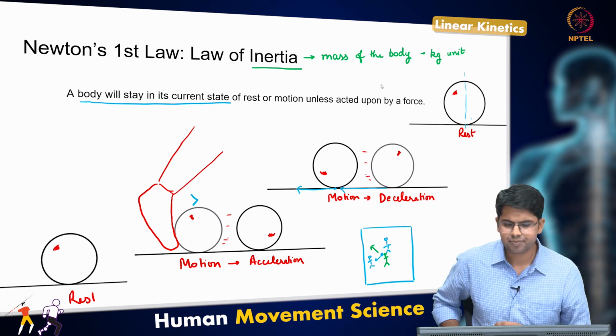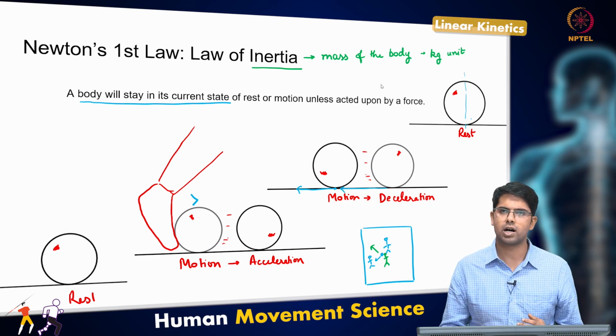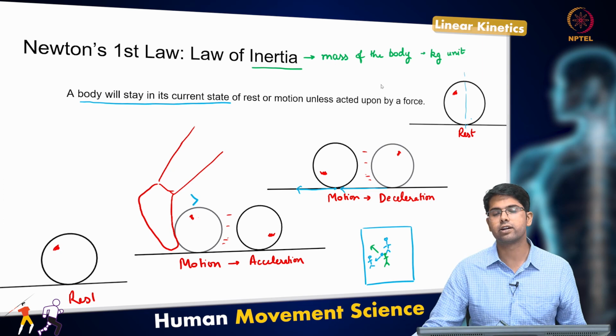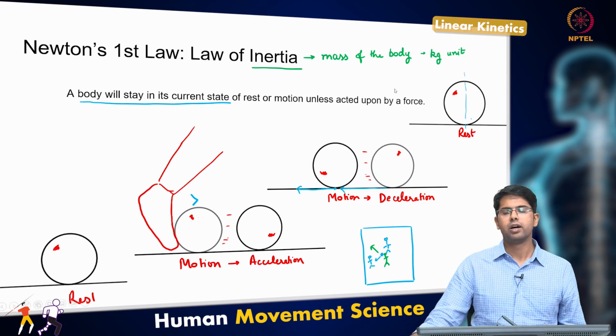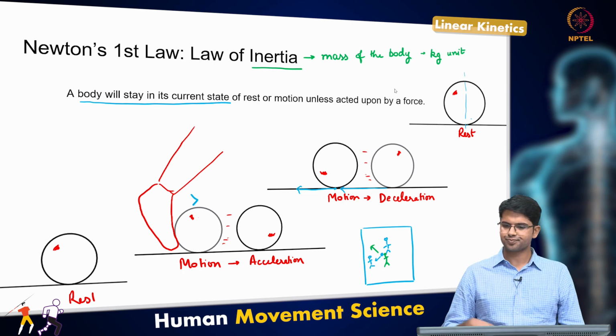So inertia essentially represents the property of how much mass a body has, how much mass a body inherently has. It is an intrinsic property of the system, irrespective of what external forces are acting on it.